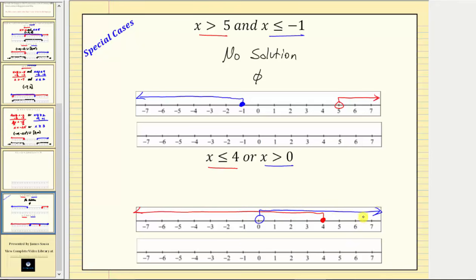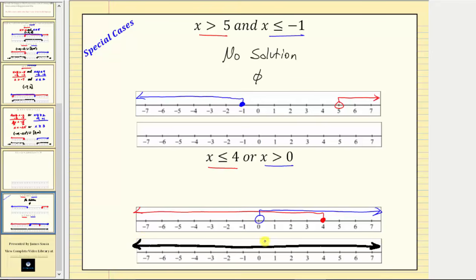This looks like the graph of an and compound inequality, but because of the word or, we are looking for the union of these two intervals. Notice the entire number line is graphed at least once, and therefore the solution to this compound inequality is all real numbers. To graph all real numbers, we simply graph the entire number line.